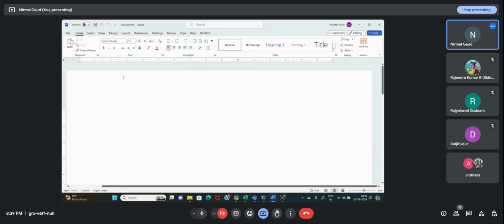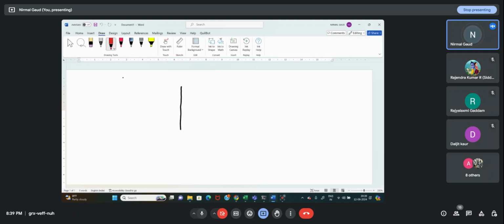Let us consider 2D space only. This is a 2D space. We are having many points in the 2D space. So these points can be represented by vectors.